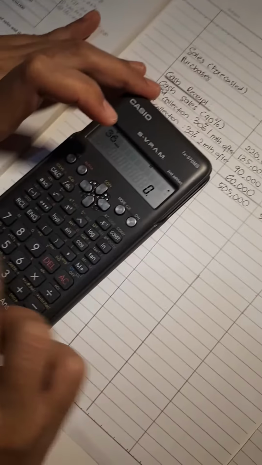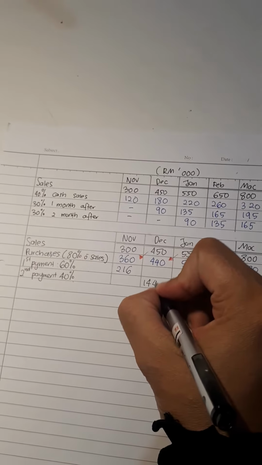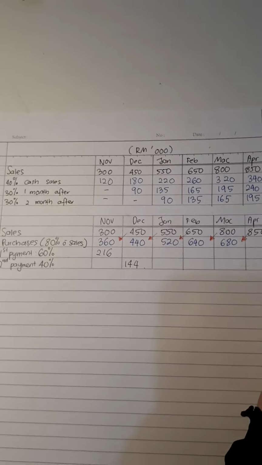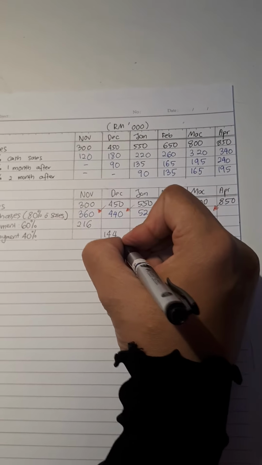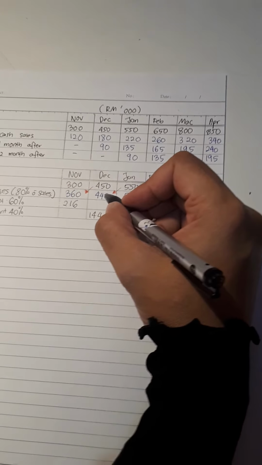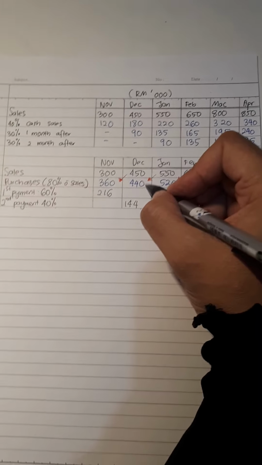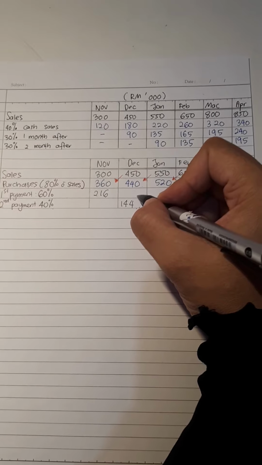Okay, maksudnya purchases pada bulan November 60%, which is 216,000, is being paid on November, and the balance, 360,000 minus 216,000, the balance of 144,000 will be paid on December. Sama juga dengan yang ni. Kalau you tengok purchases on December 440,000, 60% akan dibayar pada bulan December.